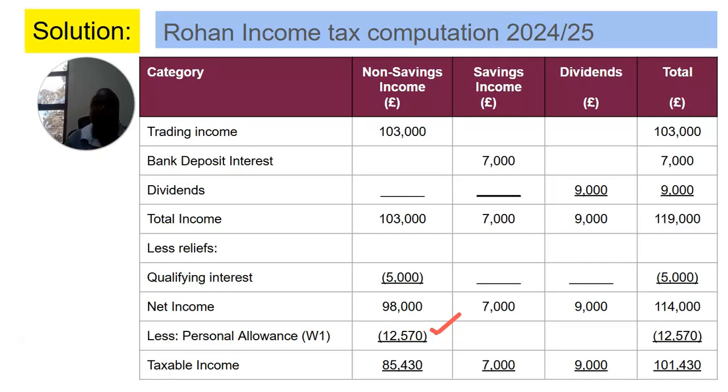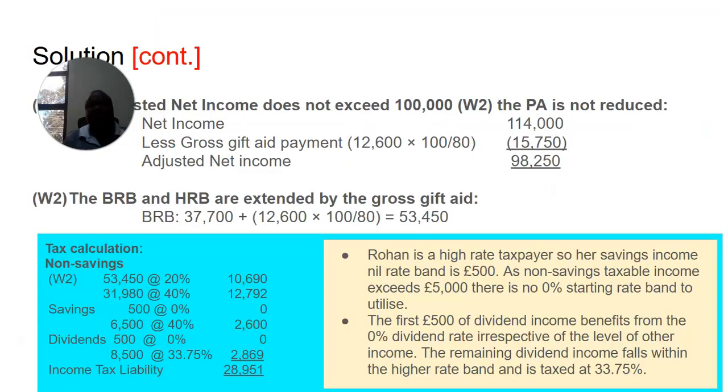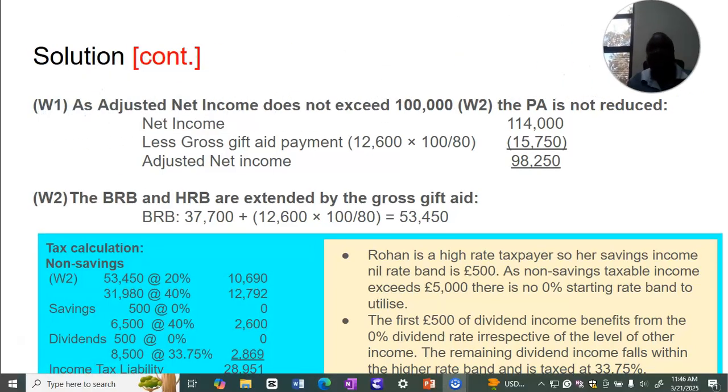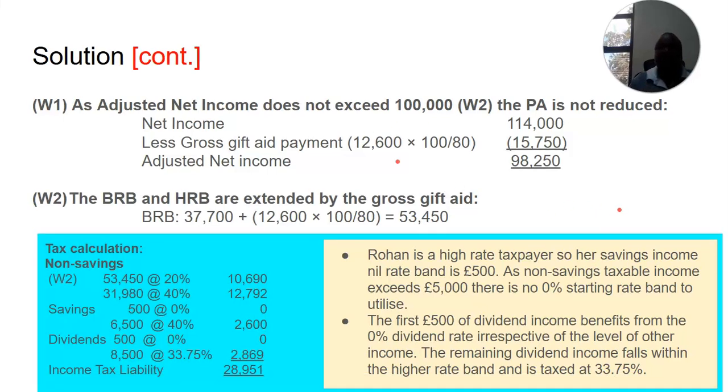Okay, so that working is very, very essential. So this is the computation, ladies and gentlemen, we have been discussing. This was the grossing up of the Gift Aid, and we have seen that we are now falling below the 100,000 threshold.